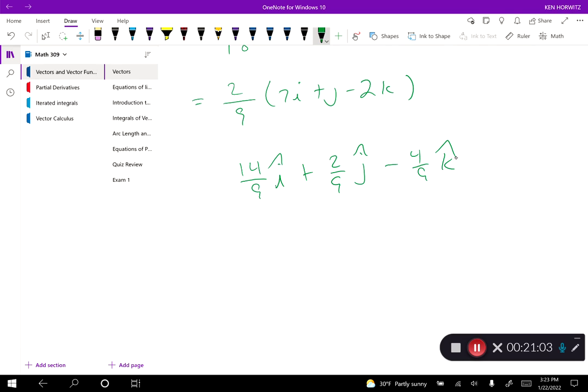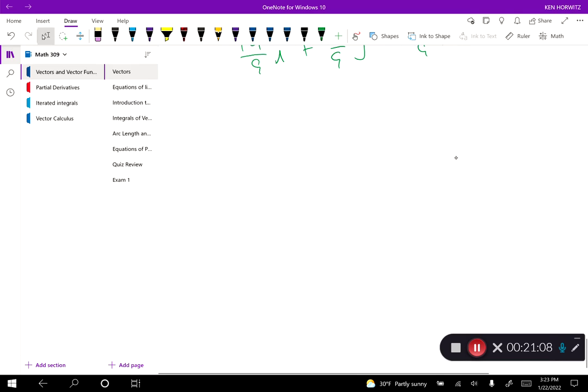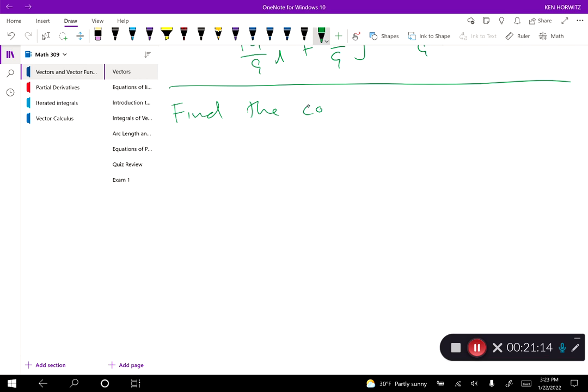All right, so last example. Let's find the component projection.